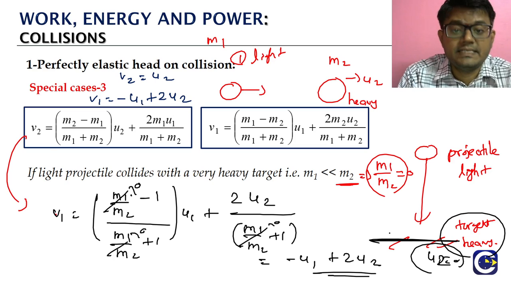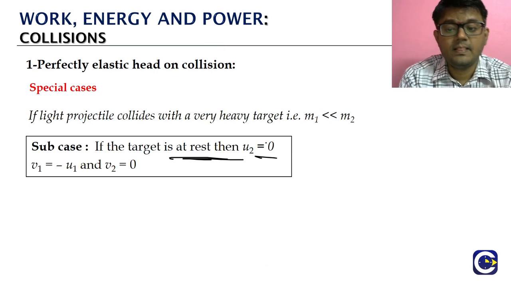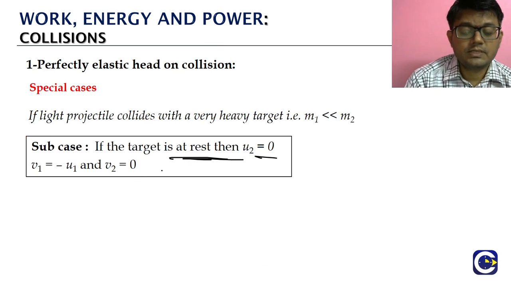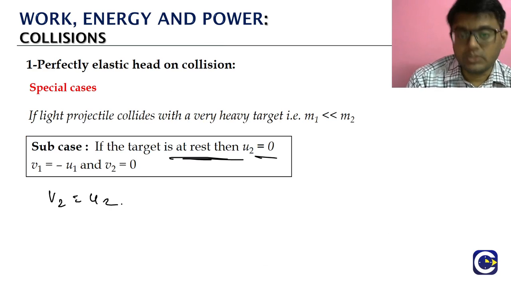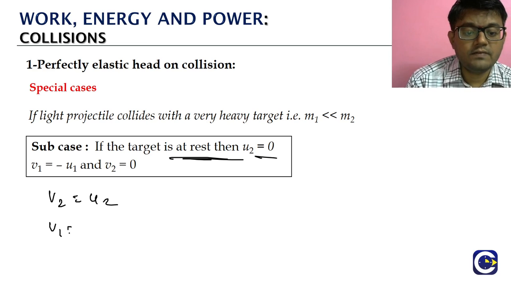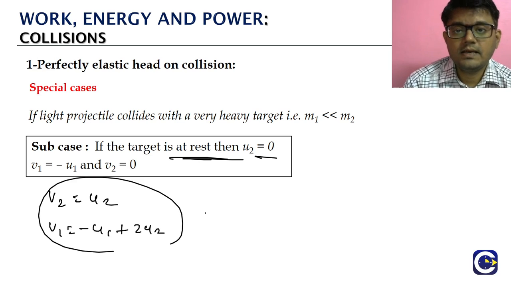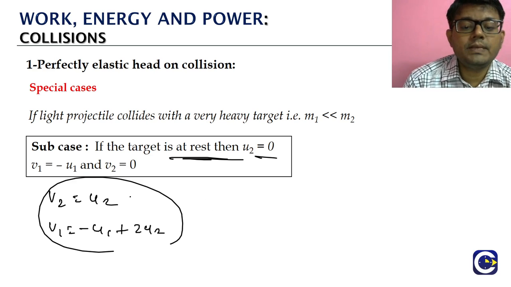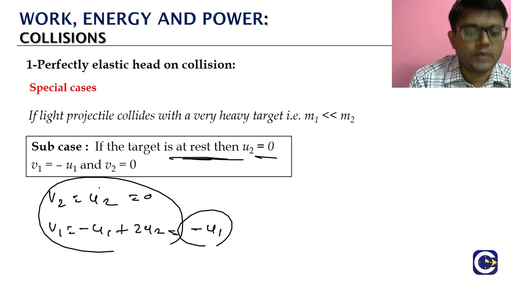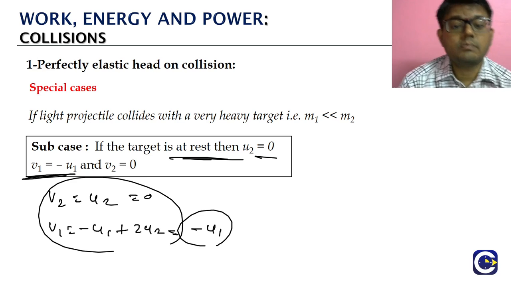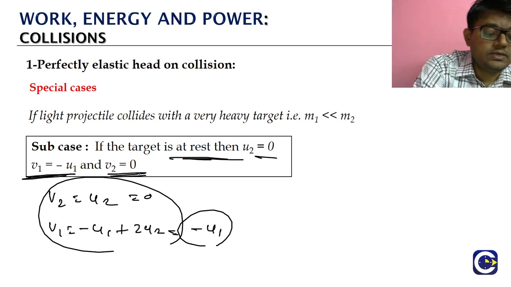So u2 is 0. Now look, if u2 is equal to 0, we have the expressions v2 equal to u2, and v1 equal to minus u1 plus 2u2. So u2 is 0 means v2 also will be 0. Substituting u2 as 0, v1 is equal to minus u1. So v1 will be minus u1, and v2 is 0.